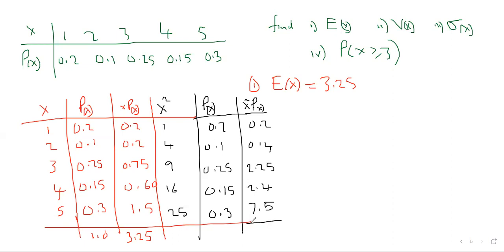Let's sum them up to get the summation of x squared p(x): 0.2 plus 0.4 plus 2.25 plus 2.4 plus 7.5. What do we get? 12.75. Good.